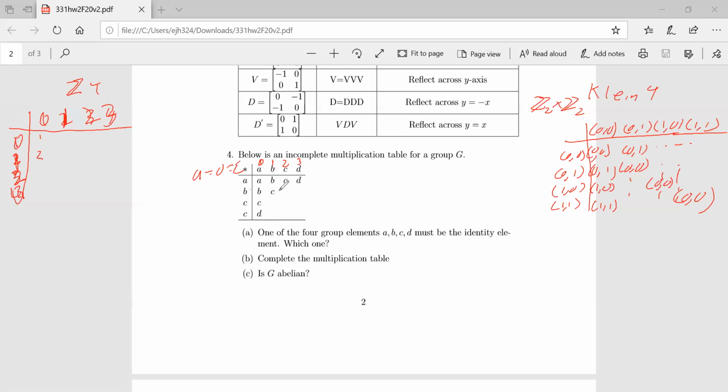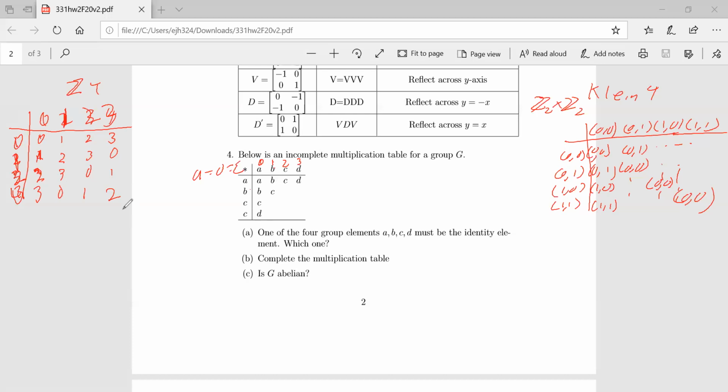Yeah. Cool. So if we were to fill in this whole chart, we would get 0, 1, 2, 3, and then 1, 2, 3, 0, and then 2, 3, 0, 1, and then 3, 0, 1, 2.